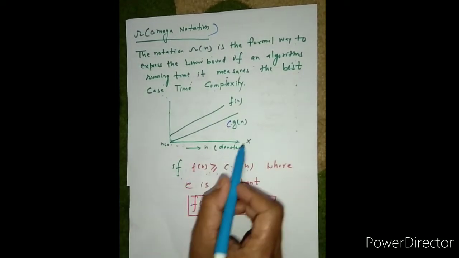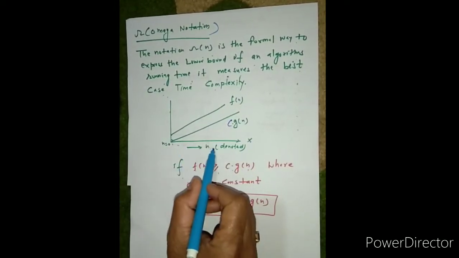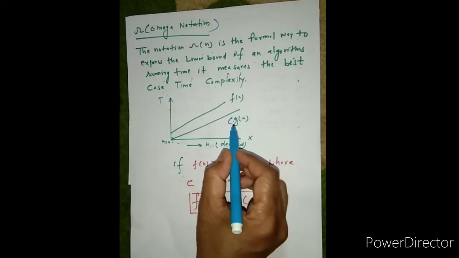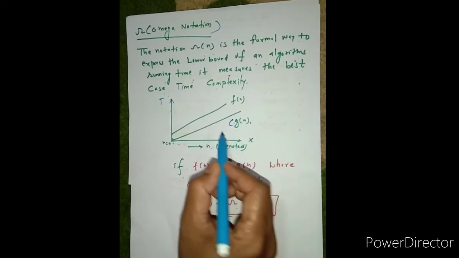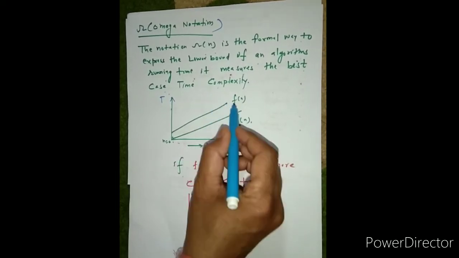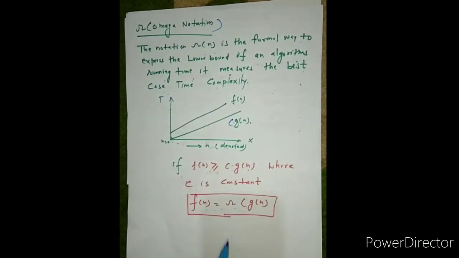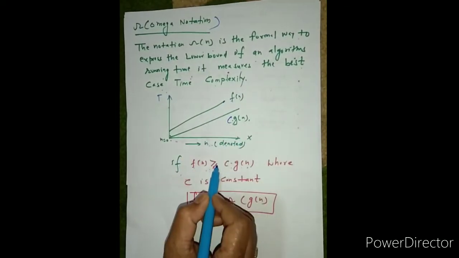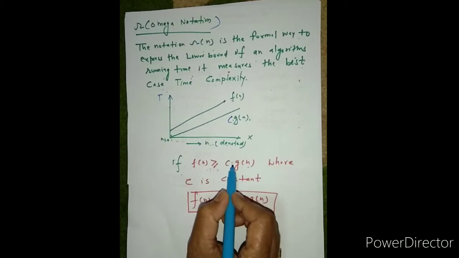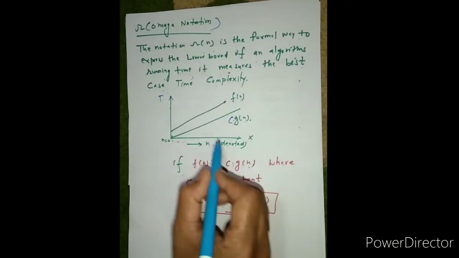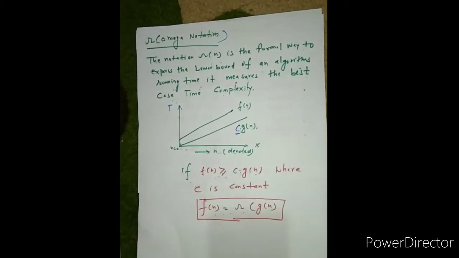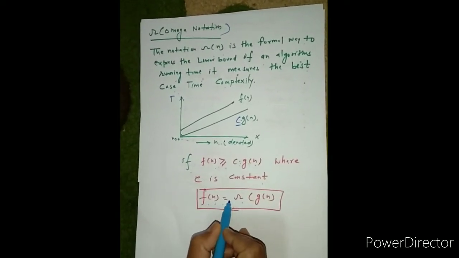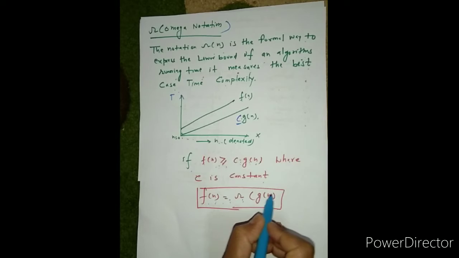So c dot g of n is always lower than f of n. Here f of n is always greater than or equal to c dot g of n, where c is a constant. So we have to find the range f of n equal to omega of g of n.